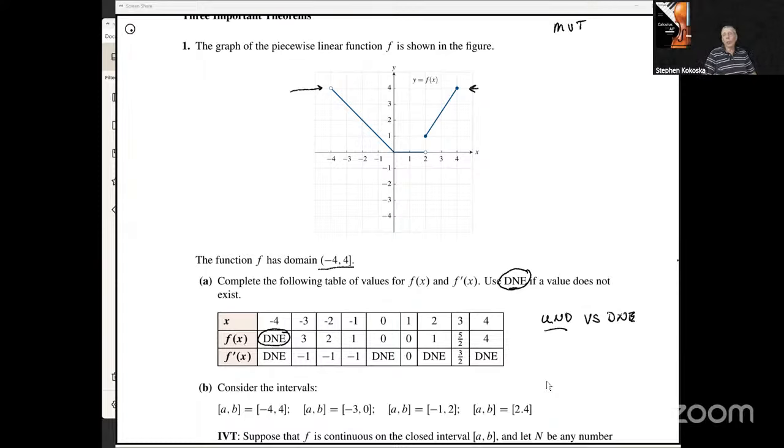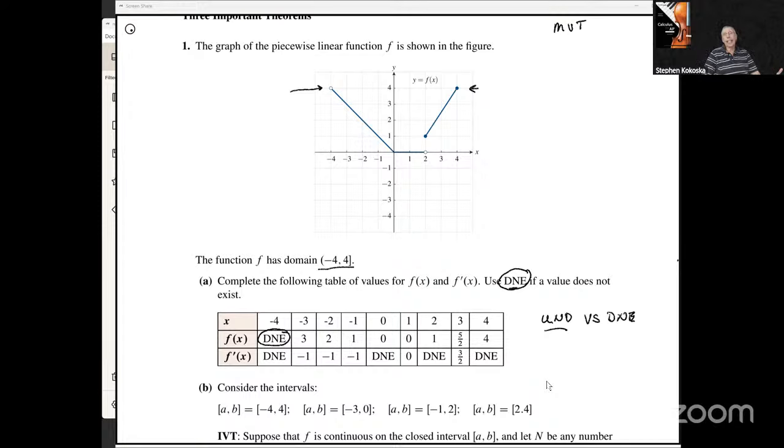In calculus, we often use does not exist when we're examining things like the first derivative, when we're examining limits, when we're examining the second derivative, when we might say, well, the second derivative doesn't exist at x equals 5. But UND or undefined is often used when we just simply take a look at a function and ask, does the value of the function exist at, say, -4 or at 4 or at 18?